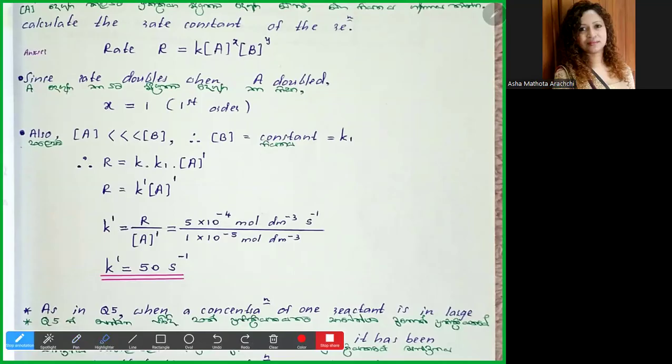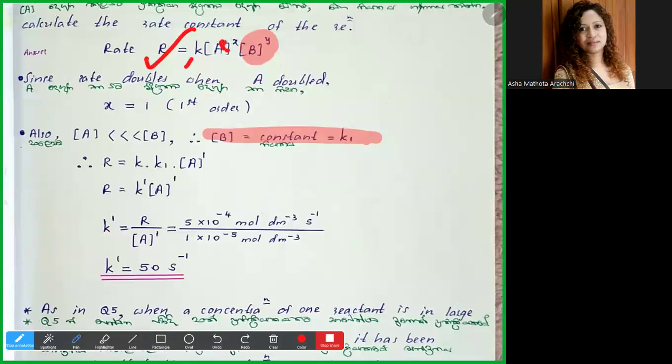In this question, the concentration of B is really high, so we consider B's concentration as constant. Knowing B's concentration as a constant, we can calculate either R or K or X. Clear?